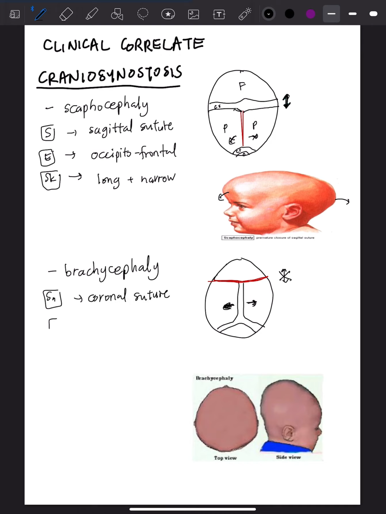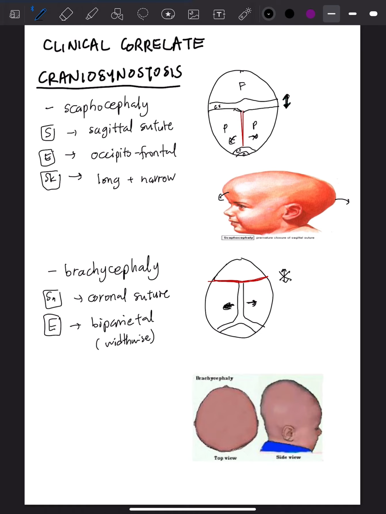The suture involved is the coronal suture. Expansion will happen in a biparietal manner, or widthwise. I hope that's how you spell widthwise.